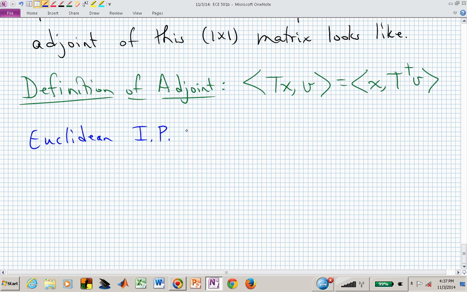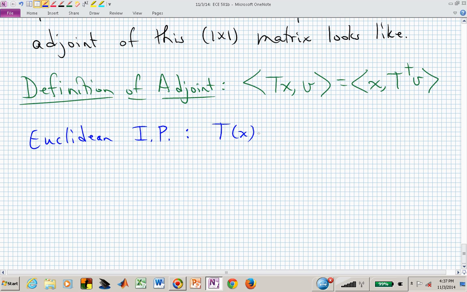Let's use the Euclidean inner product, which now says that I have T of x, that's the vector of the linear operator applied to x, times each coordinate in V, complex conjugate. So each vector in the output, which in this case is just one coordinate, but if we had this in multiple dimensions, then we would have each coordinate matched up with the coordinate in V, and V has to be conjugated.